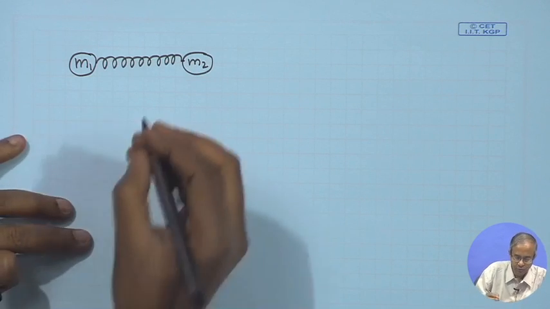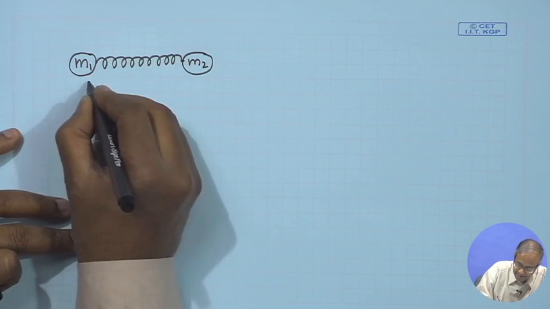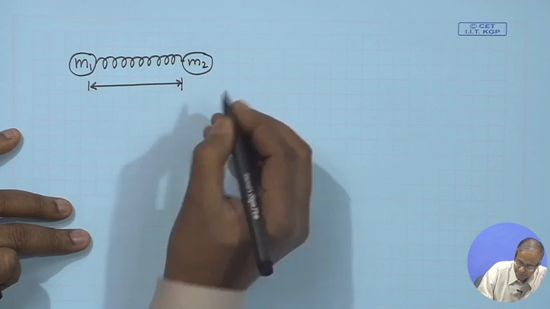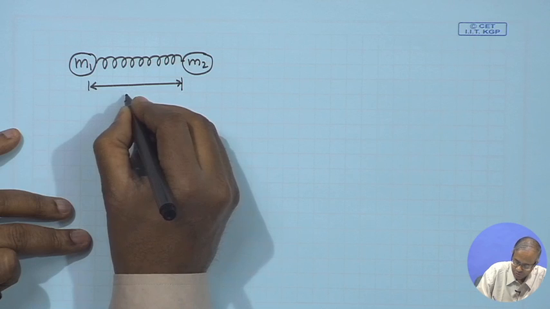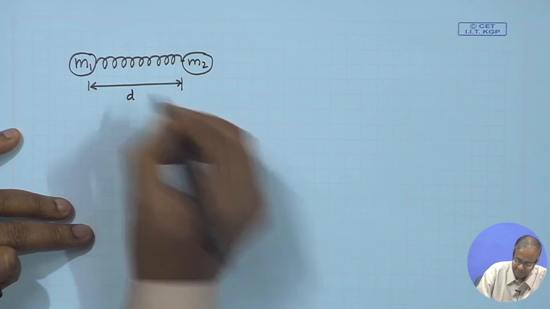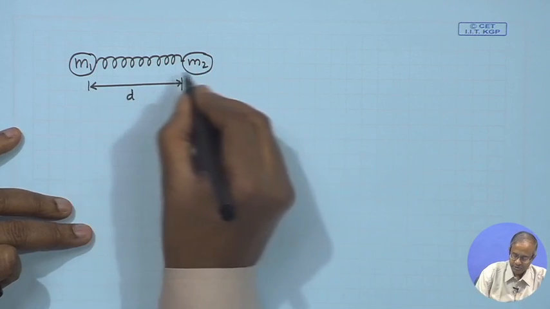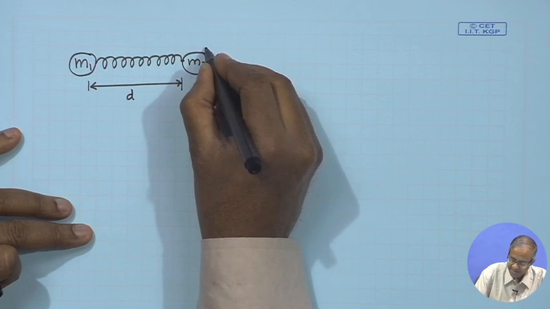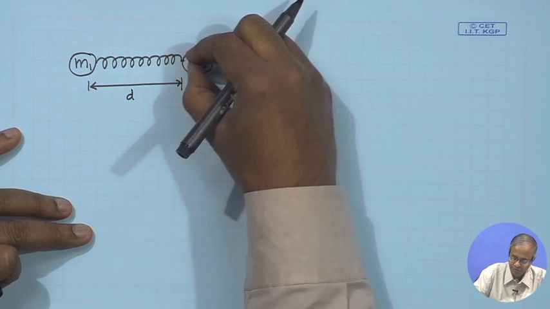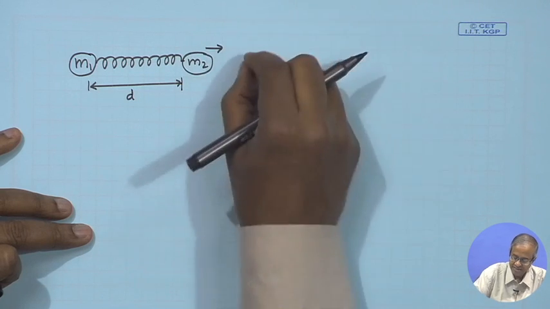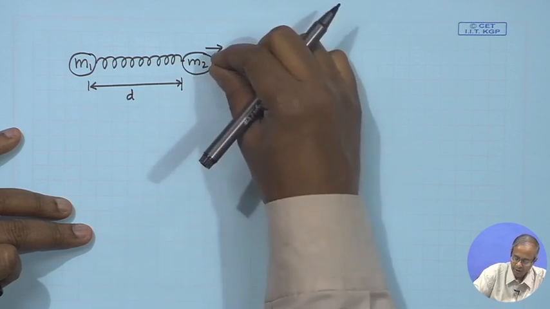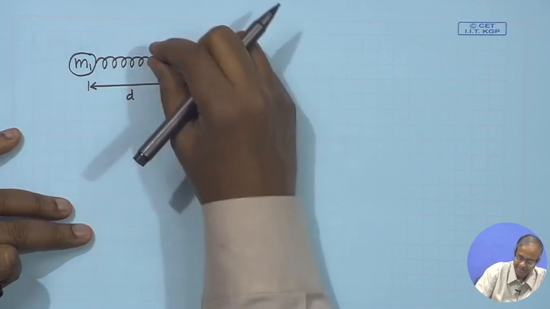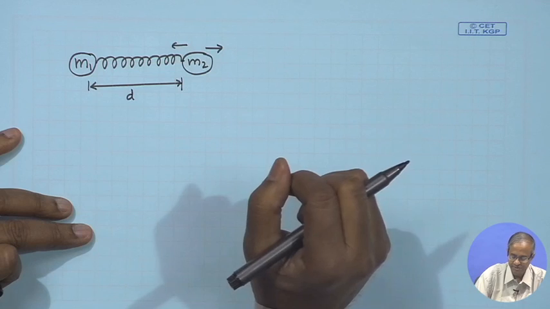Let us say the distance between these two bodies is d. For a spring, you know that if I stretch this spring M2, if I pull it in this direction, release, it will again come back here, or if I push it in this direction and release it, it will again come back in the original position.